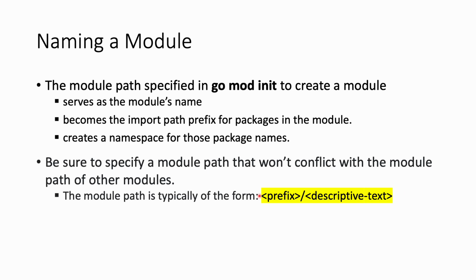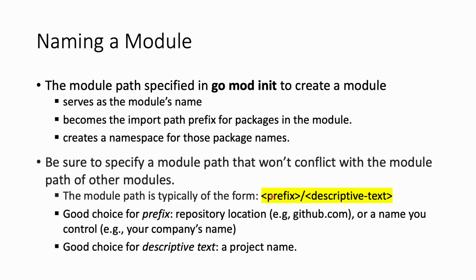The prefix is typically a string that partially describes the module, such as a string that describes its origin. This may be the location of the repository where Go tools can find the module's source code, such as github.com.